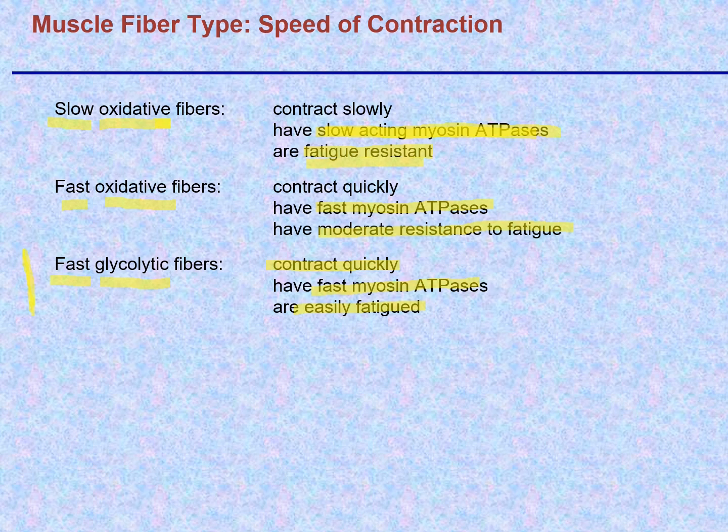Whereas people who have more slow oxidative fibers, or trained to use slow oxidative fibers, and this is the kind of thing you get with training in aerobic exercise, they're the kind of people who are better at running marathons, doing the kind of exercise or activity that involves a long-term usage of muscle.